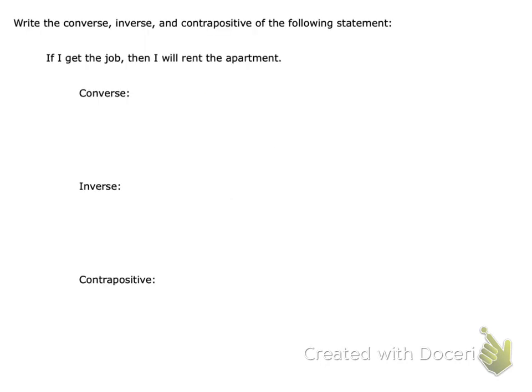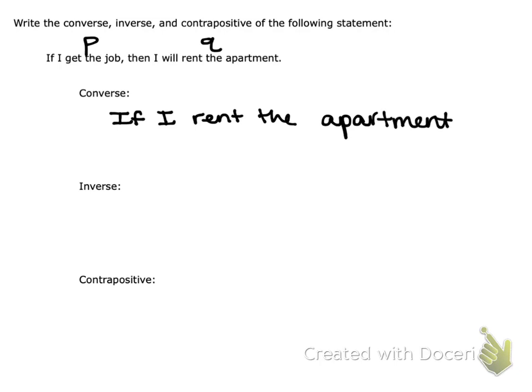So if I get the job, that's my P, then I will rent the apartment. That's my Q. Okay, converse says if Q, then P. So if I rent the apartment, then I will get the job.